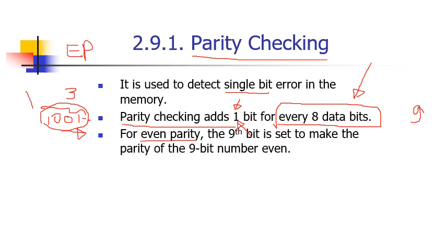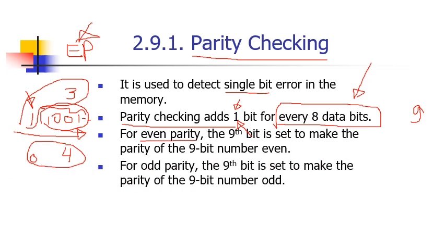So you add a ninth bit, which should be 1, to make the whole number of ones inside the 9-bit word an even number. And if the original message contains an even number of ones, let's say 4, this 9th bit is made 0, so the total number of ones in the 9-bit word is even if we are using even parity. And we do the opposite with odd parity.